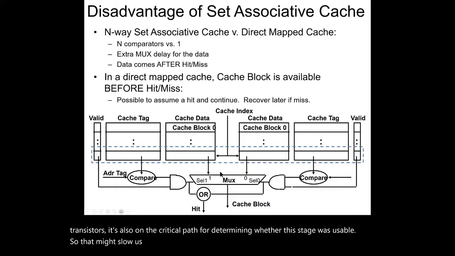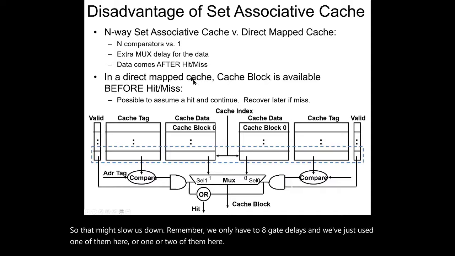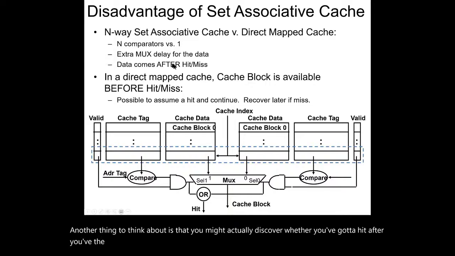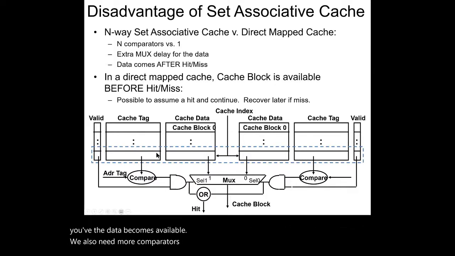Remember, we only have 5 to 8 gate delays, and we've just used one or two of them here. Another thing to think about is that you might actually discover whether you've got a hit after the data becomes available. We also need more comparators, so we do need more transistors.